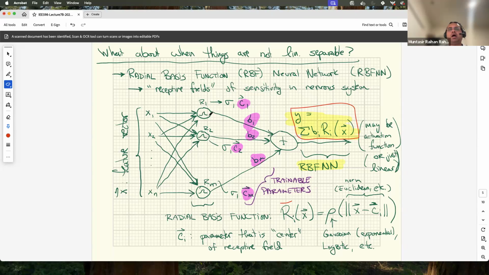Each Ri is a function of the whole input vector, and you take that for i equal to 1 to m, where m is the number of hidden units. The sum is weighted by the weights on each of these lines. So b1 is the weight for the first function, b2 is the weight for the second one, and so on and so forth.